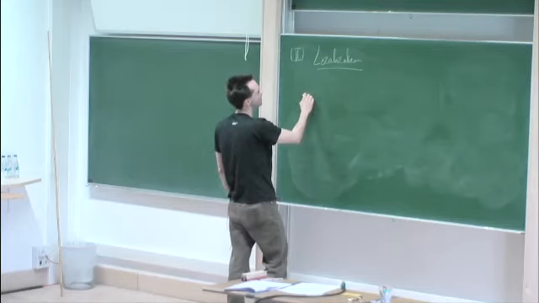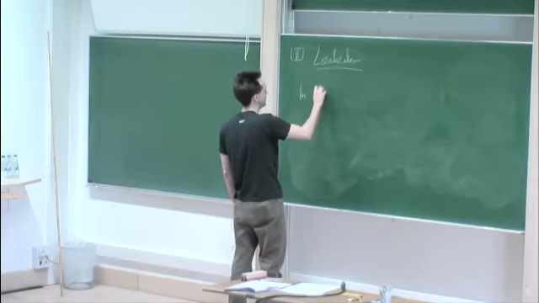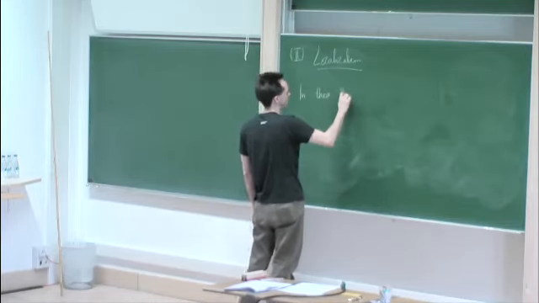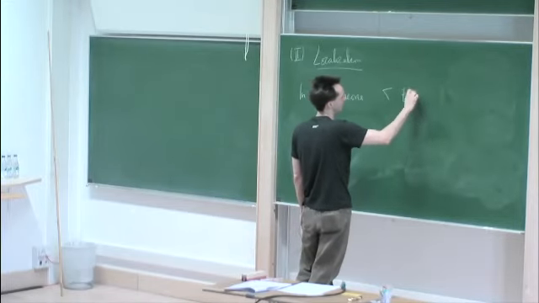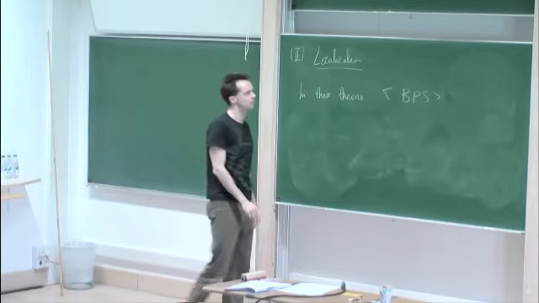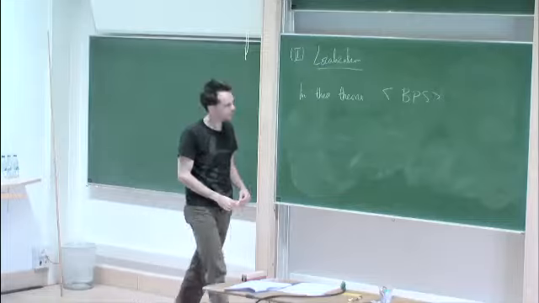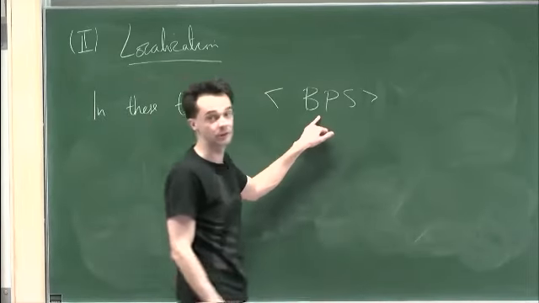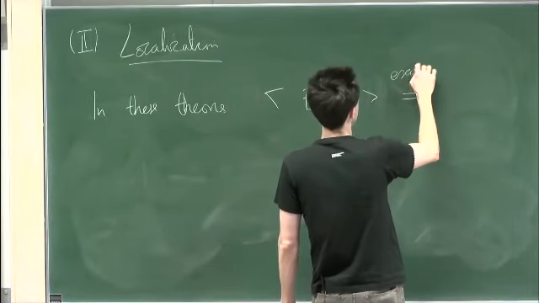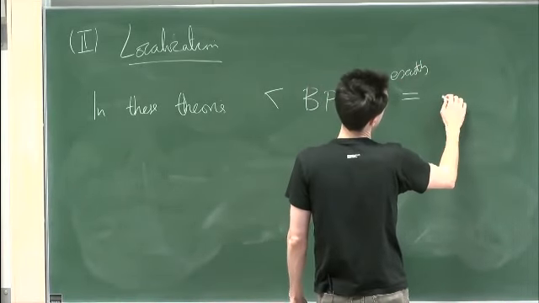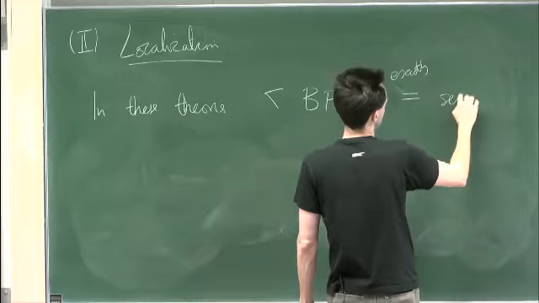So the point is that in these theories, if you look at the expectation value of the BPS operator, so this is the path integral where I insert some BPS operator, this is exactly equal to its semi-classical approximation.